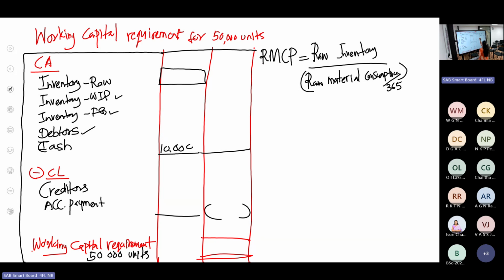Right. Okay. Raw material conversion period, how many days? Raw material consumption period, how many days? Raw material inventory holding period, how many days, students? Average raw material stock. 30 days.